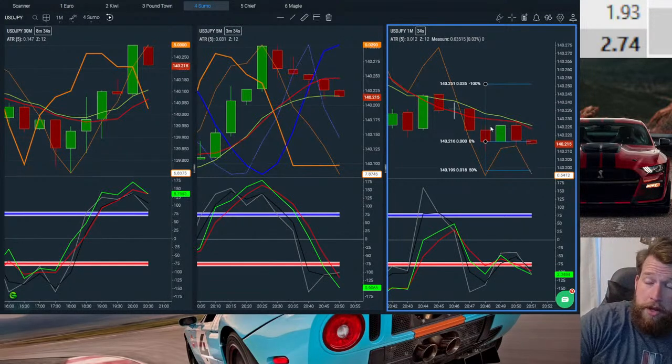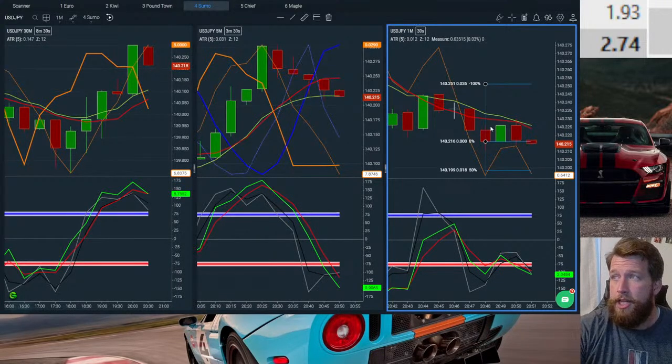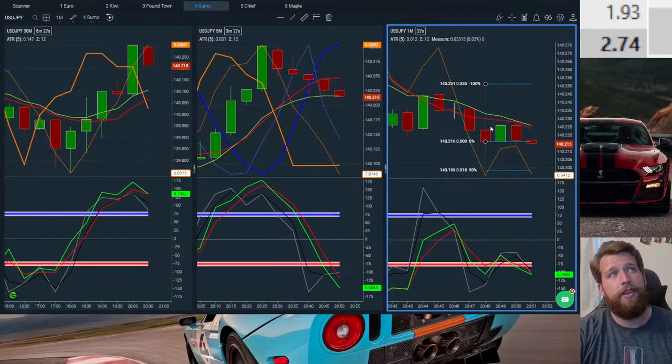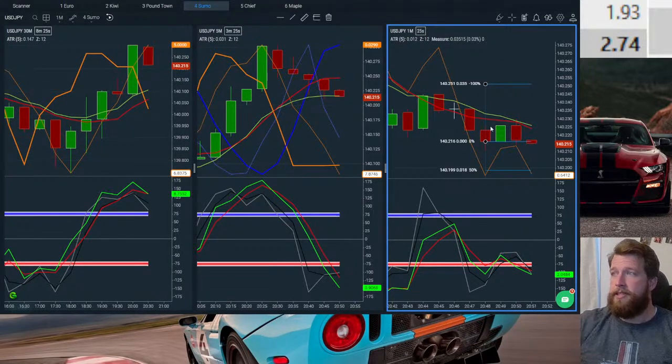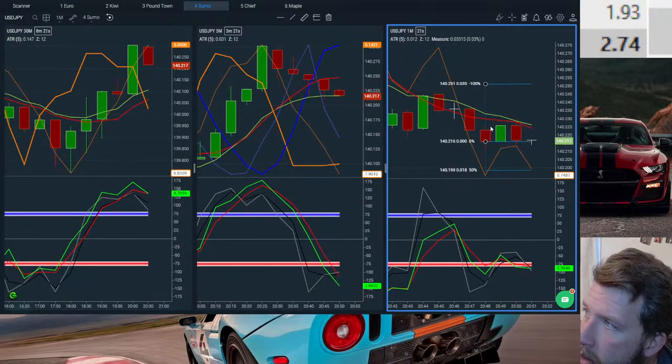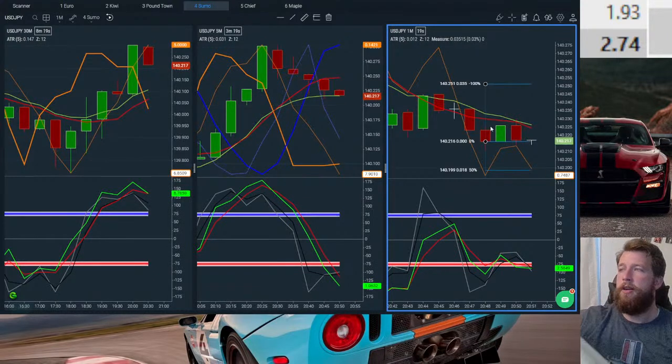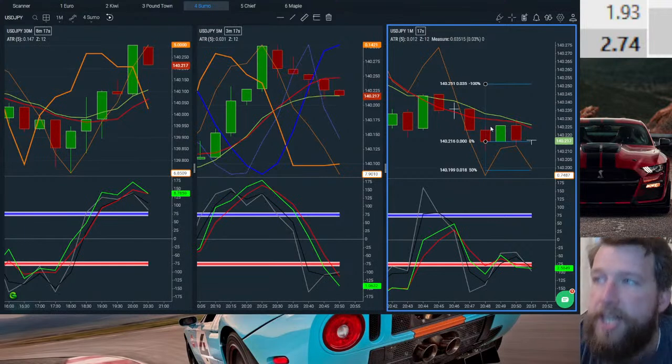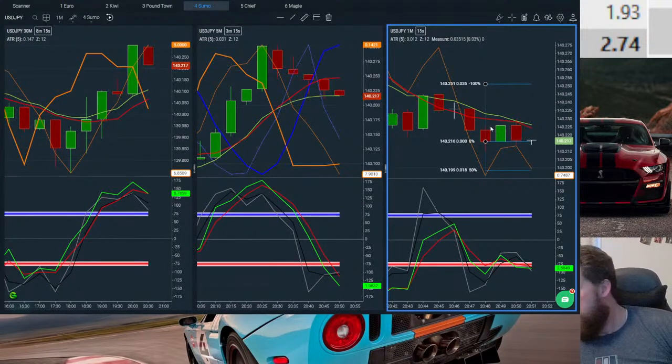As you have probably noticed by now, I am a Shelby fan. I even got the Mustang shirt on. I got the GT 500 in the background of the screen. I got the Ford GT 40. Oh man.